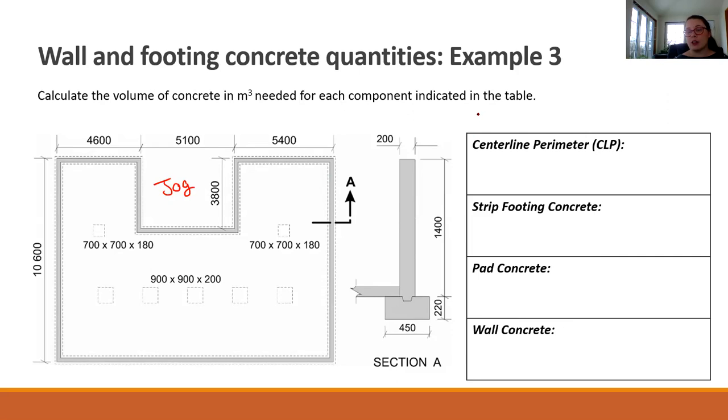Okay, so our formula: 2 times length plus width, minus 4 thicknesses of the wall, plus 2 jogs. Now, in terms of our wall length, adding these 3 measurements together will give you your overall length, and I have 15.1 meters. On this side, we're going to have 10.6 meters.